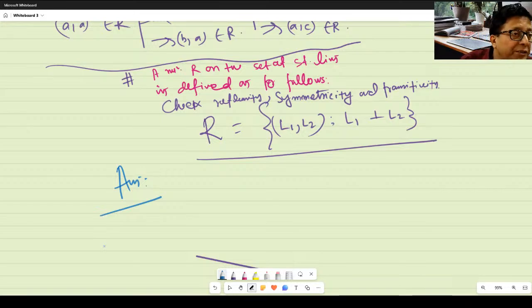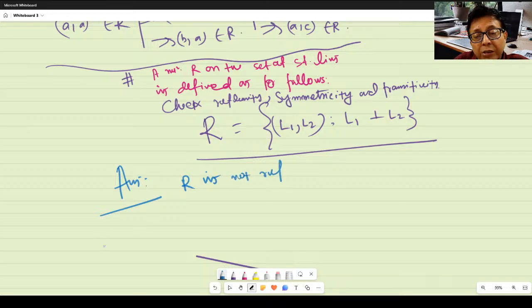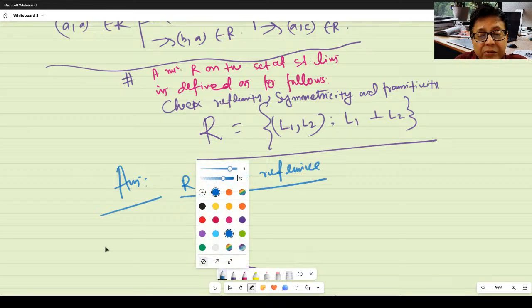Reflexivity you check first. What is the condition? A comma A has to be there. But can a line be perpendicular to itself? No. You are sure, so you start in this manner: R is not reflexive. Why is it not reflexive? That you have to state.